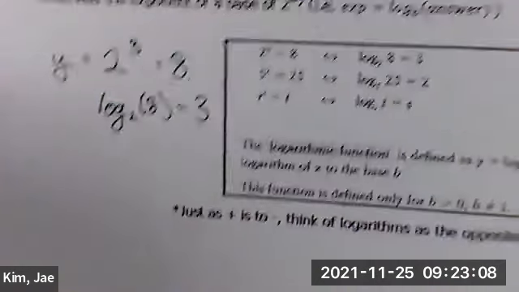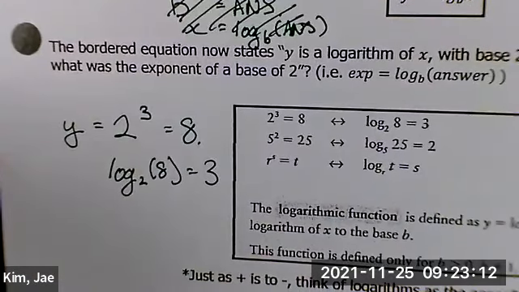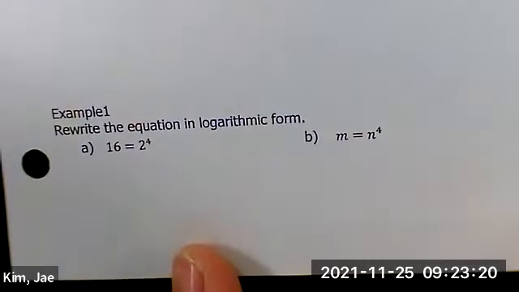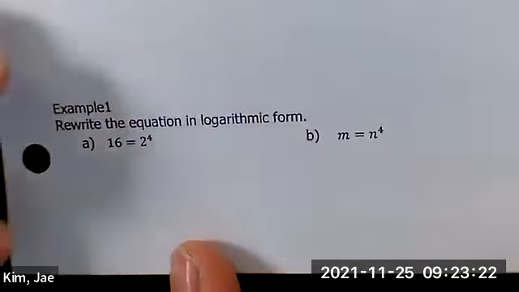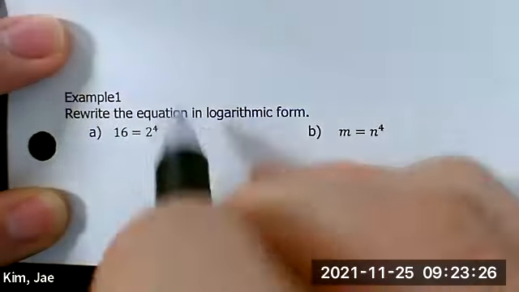Let's try this out. I'll give you like 30 seconds. Just take a look at what we did here. It's simply switching up some numbers in the location where you find them. 16 is equal to 2 to the power of 4. I don't think anyone's going to argue that. What if I did this?